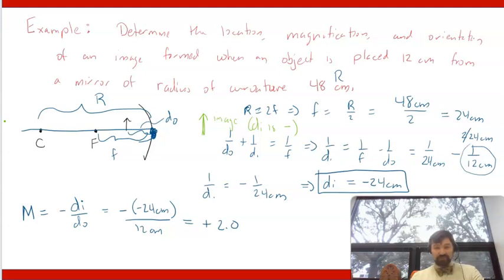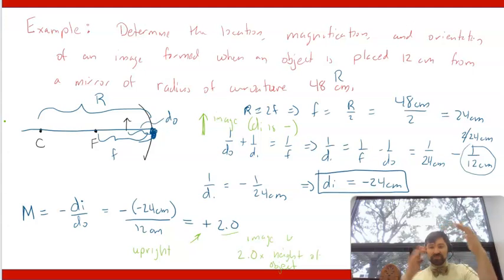The magnification is plus 2, so the plus means that the image is upright. If my original object was an arrow pointing up, then my image is also an arrow pointing up. And the 2.0 means the image is 2 times the height of the object, so it's magnified 2 times.